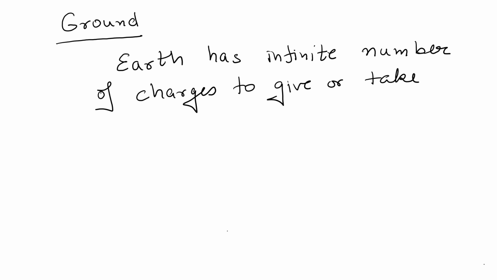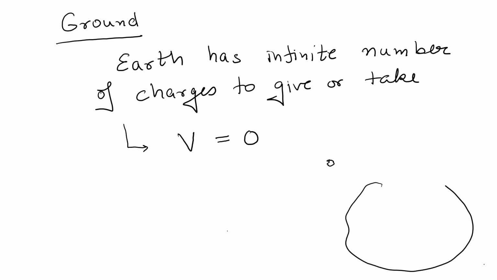And what happens then is the potential of this ground is zero. We basically think of it, we have a conductor and we have connected it to our whole world, much larger. There are lots of charges here.